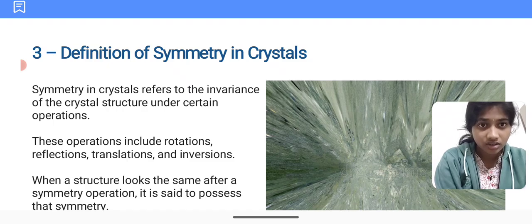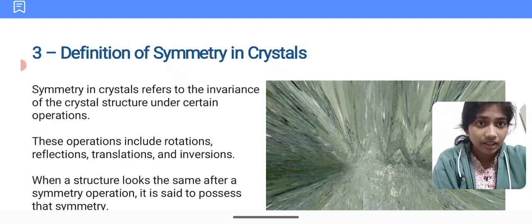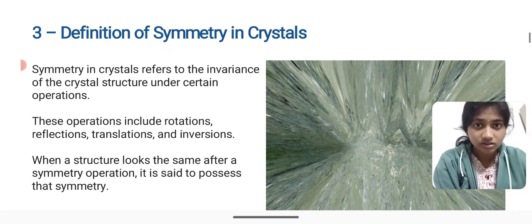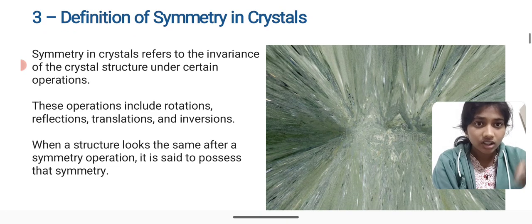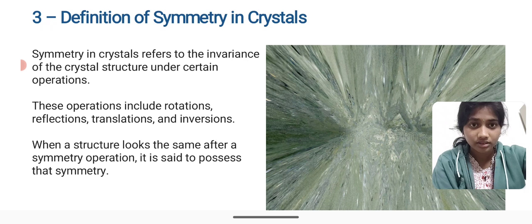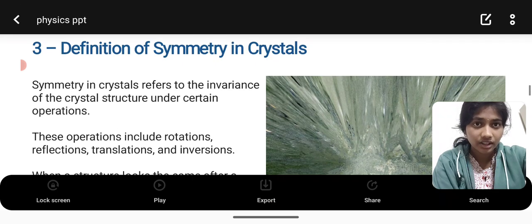These operations include rotation, reflection, translation, and inversion. When a structure looks the same after a symmetry operation, it is said to possess that symmetry. This is the relevant image for symmetry in crystals.